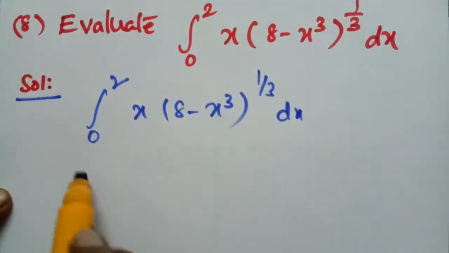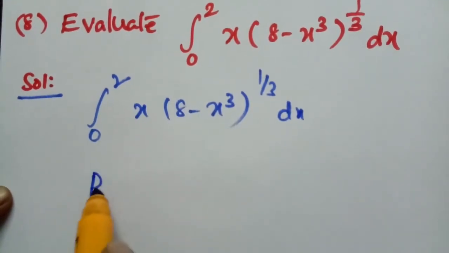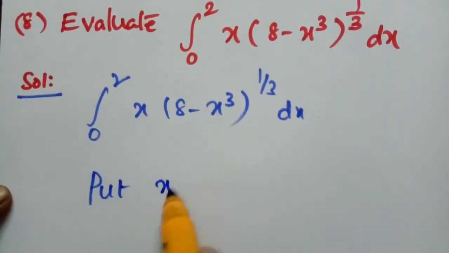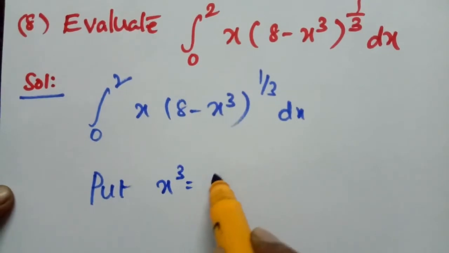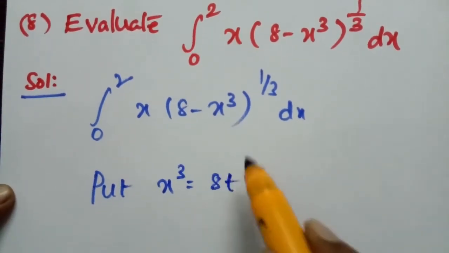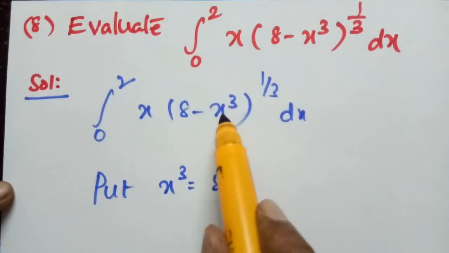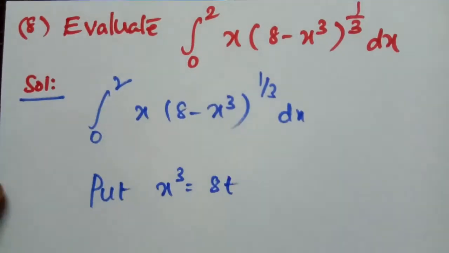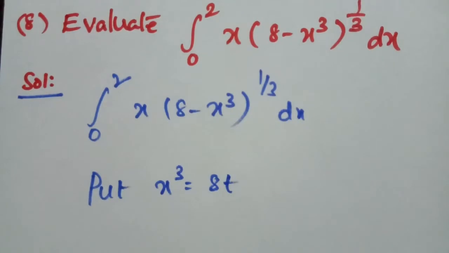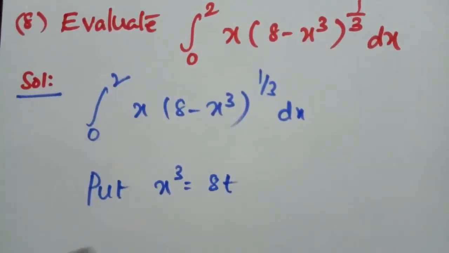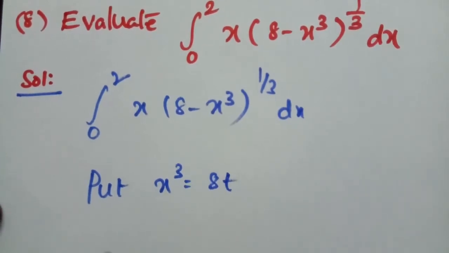Here the substitution is integration by substitution. Put x cube is equal to 8 into t. So then only we can get 8 as a common factor, 1 minus t whole to the power of 1 by 3. So to get 1 minus t and t, we are substituting x cube is equal to 8t.